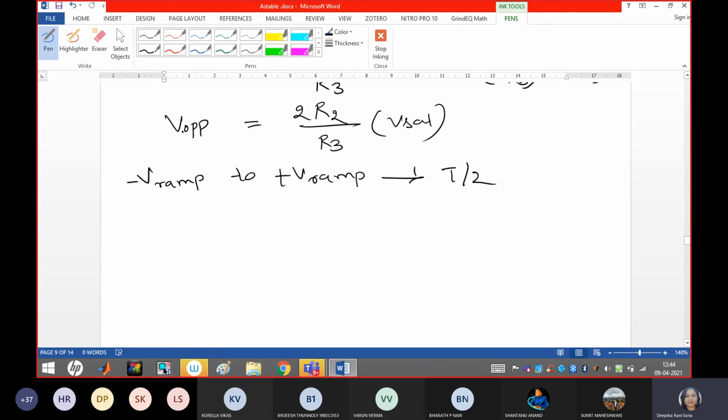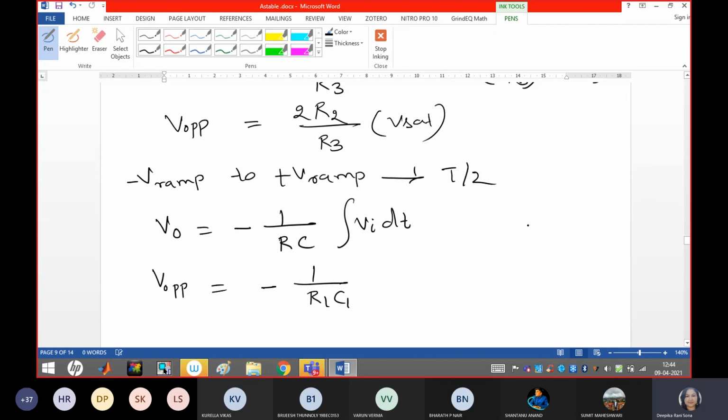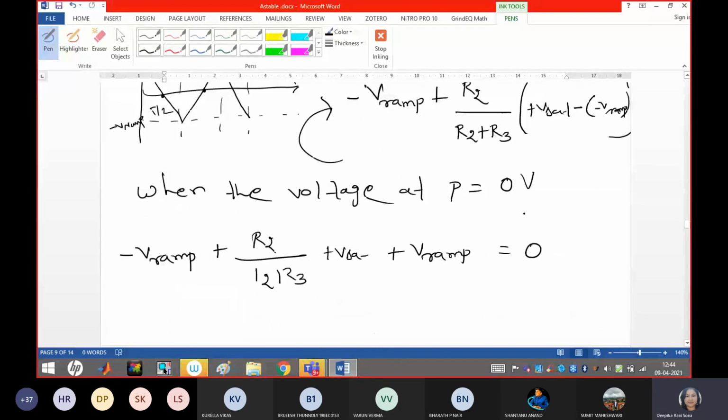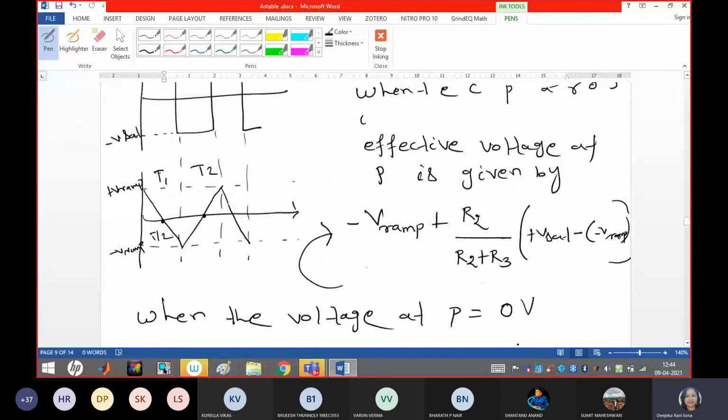So if we apply this value in the basic integrator equation, that is V naught equal to minus of 1 by RC integration of V in dt. Now this is the output peak to peak voltage. V naught is nothing but minus of 1 by R1 C1. Suppose, guys, this capacitor you can write as C1, or C also if you want to keep, no issue.